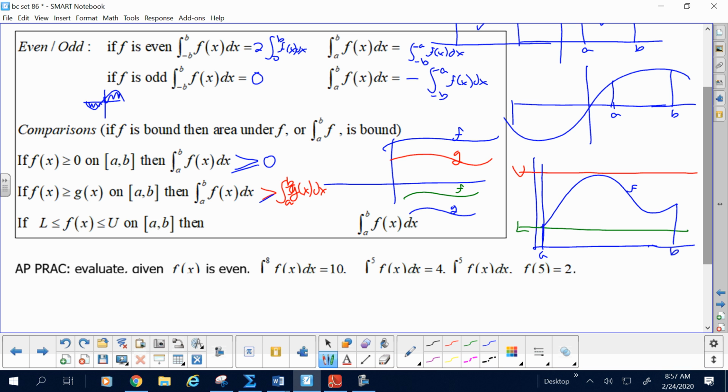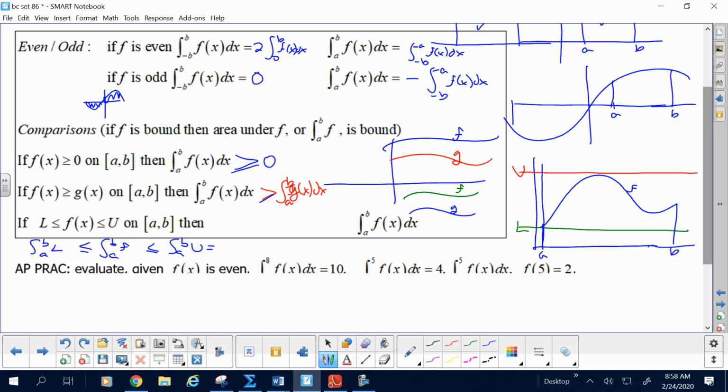Seems like you can't tell me much at all. Okay, so the easiest way for me to do this is to think, if I know this is true, then the integral of all these is true. So I can integrate L from A to B, and I can integrate f from A to B, and I can integrate U from A to B. Are you with me so far?